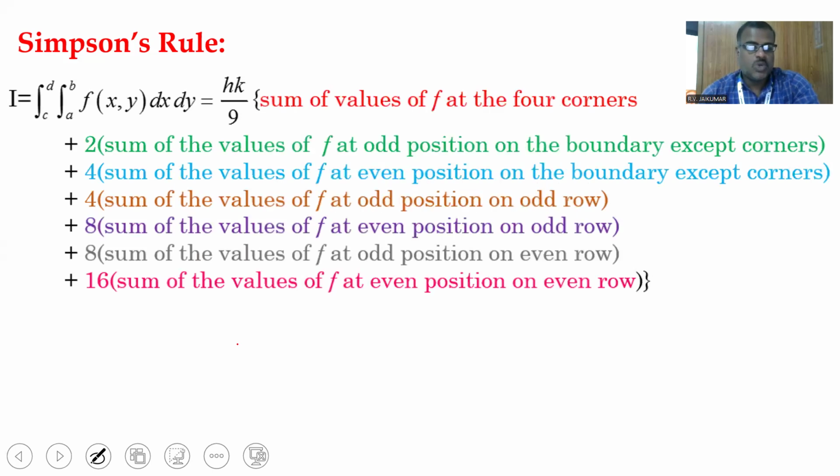Let us take the integration I equal to the integral over the limits c to d, the integral over the limits a to b, f of x comma y dx dy, equal to h into k by 9 times the sum of values of f at the four corners, plus 2 times the sum of the values of f at the odd positions on the boundary except corners, plus 4 times the sum of the values of f at even positions on the boundary except corners, plus 4 times the sum of the values of f at odd positions on the odd rows, plus 8 times the sum of the values of f at even positions on the odd rows, plus 8 times the sum of the values of f at odd positions on the even rows, plus 16 times the sum of the values of f at even positions on the even rows.